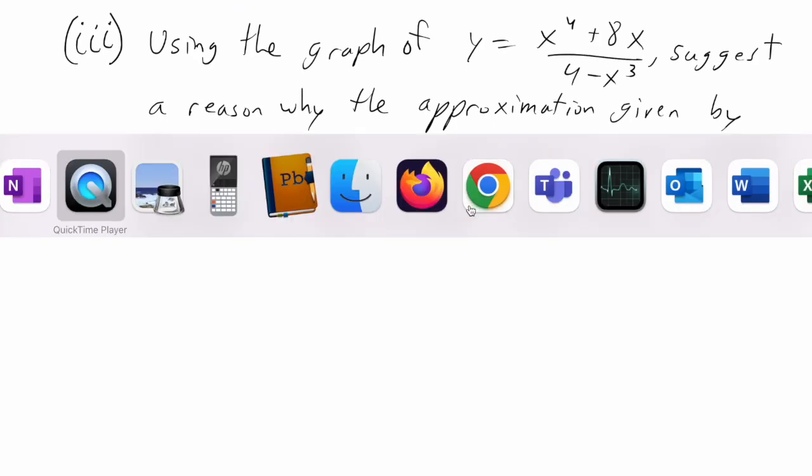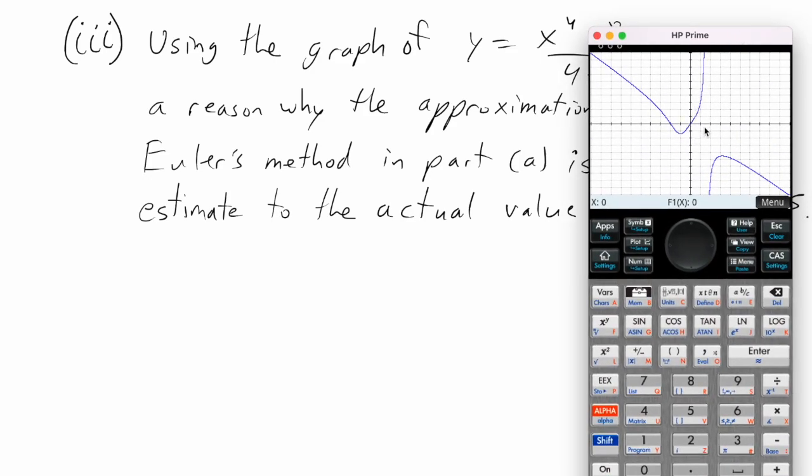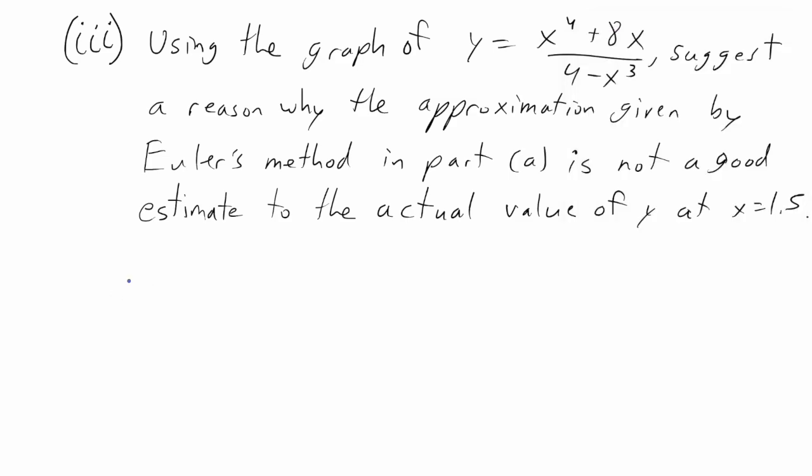I'll just type it into the calculator. So you can see at x equals 1.5, you can say one or two things to get this one point in the mark scheme. You can talk about how steep the function is here, or the fact that there's an asymptote near 1.5, right? There's only one point, so you just need to say something like that.